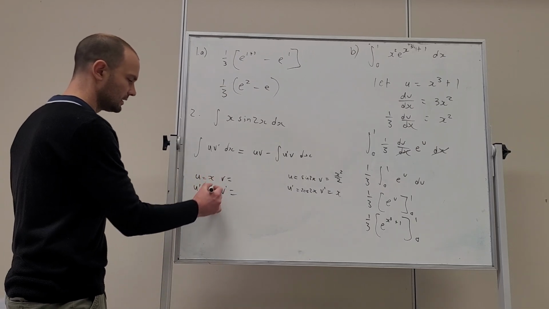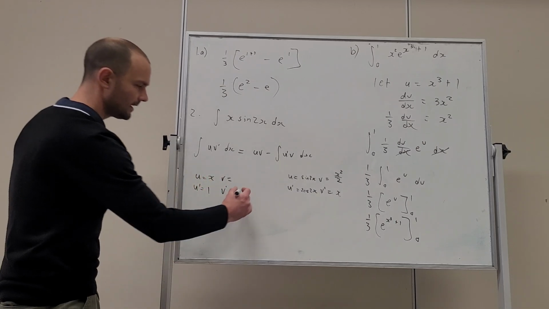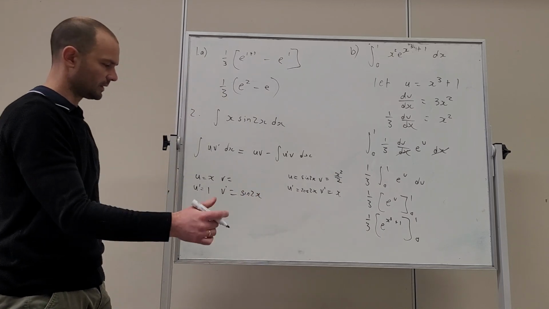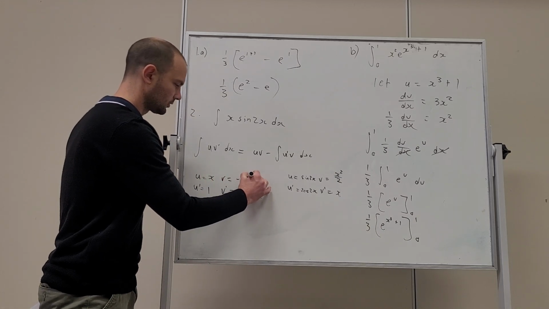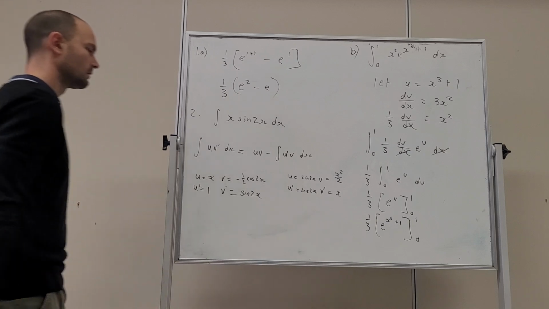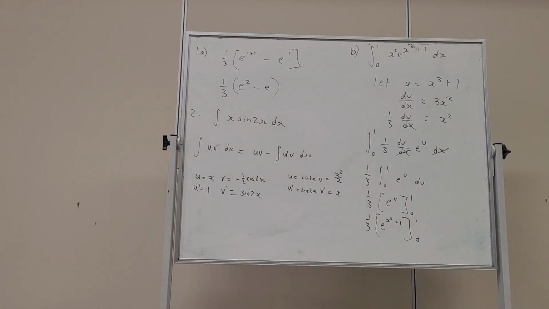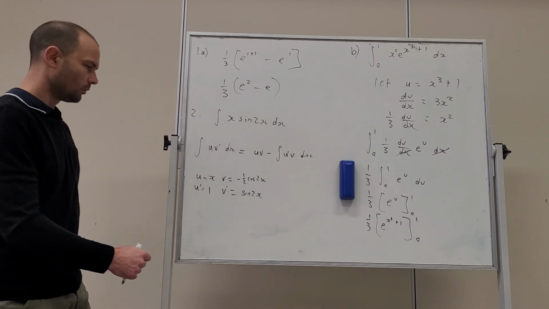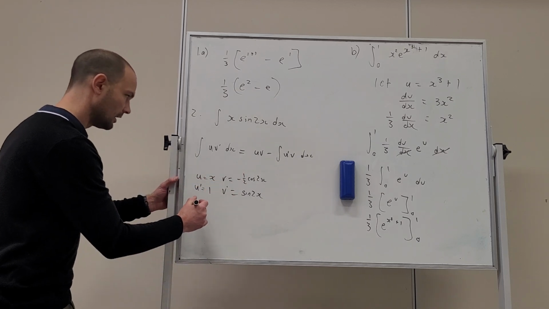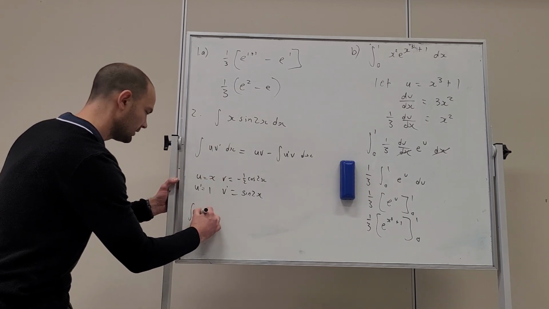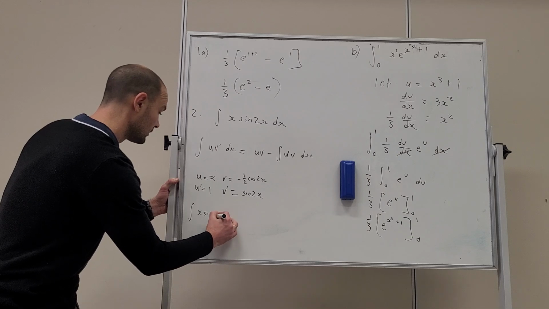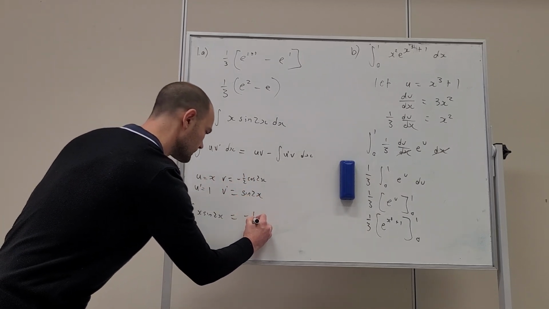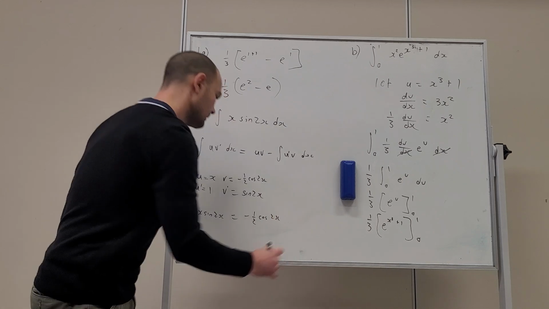So I'm going to have u is x, u dash is 1, v dash is sine 2x, and the integral of sine 2x will be negative half cos 2x. Okay, so when we smash those together, we'll have uv, so I'll just write out the whole thing: the integral of x sine 2x is equal to uv, that's going to leave us with minus half cos 2x.